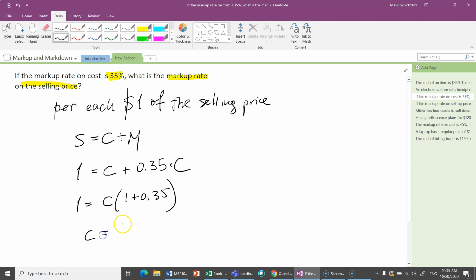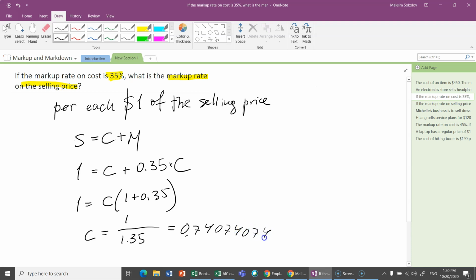Finally, cost will be 1 divided by 1.35. This is 0.740740741.